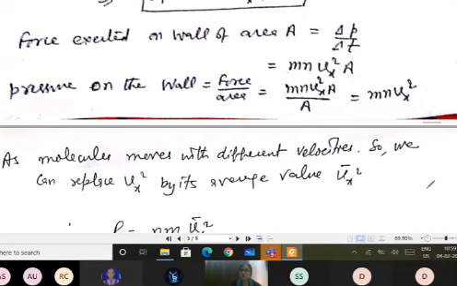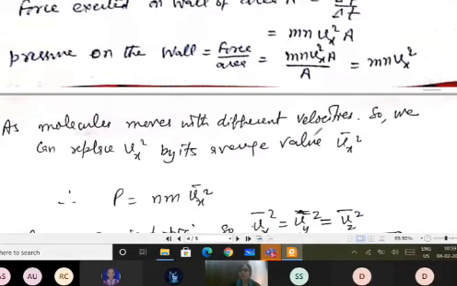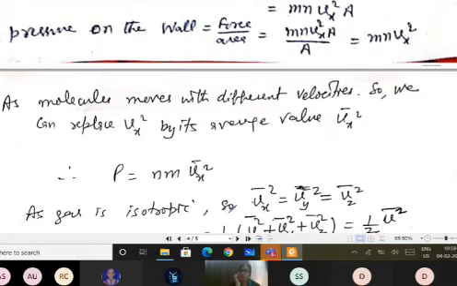Because the molecules move with different velocities, in place of Vx I can write the average, Vx bar square, and the average pressure because of the particle moving along the x-axis is m n Vx square. But gas is isotropic, so it has velocities in all possible directions.